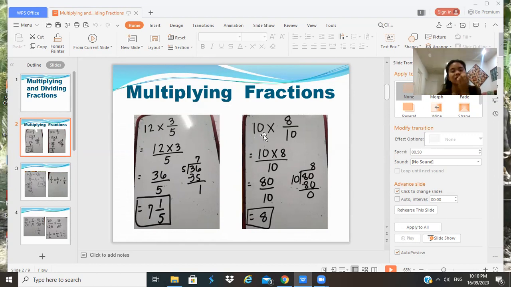So we have 10 times 8 is 80, then over 10, because 10 is our denominator here. 80 divided by 10 is 8. That's why 10 times 8 over 10 is 8.